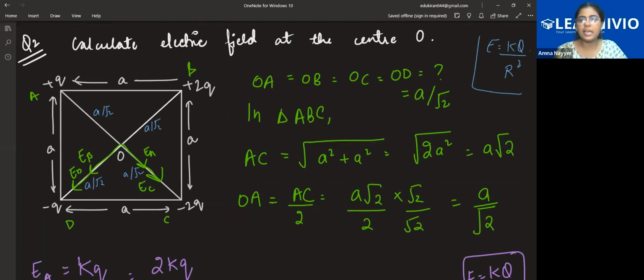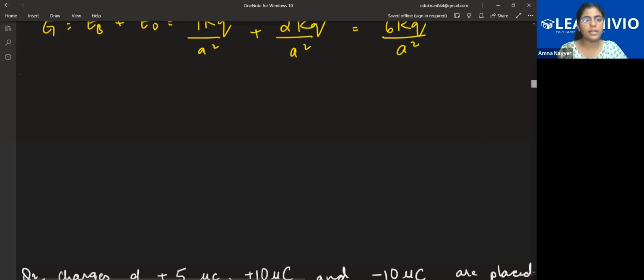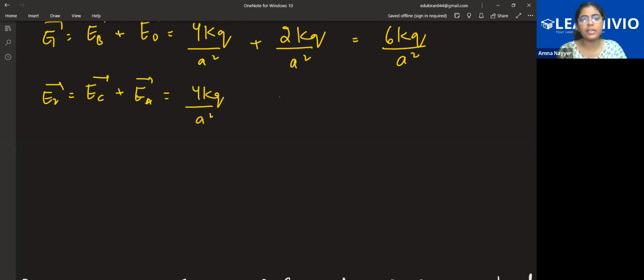Similarly, EA plus EC. What is EA? 2kq by a square. What is EC? 4kq by a square. So when you add, E2, that is EC plus EA, this is again 4kq by a square plus 2kq by a square, which is equal to 6kq by a square.